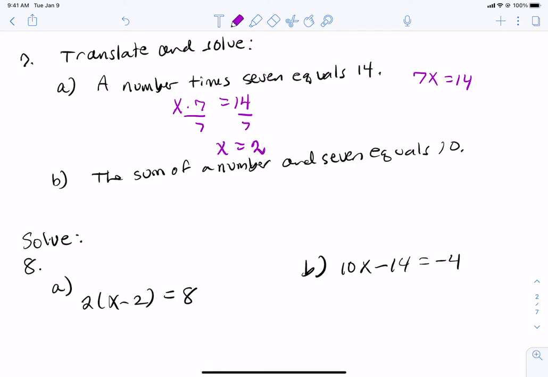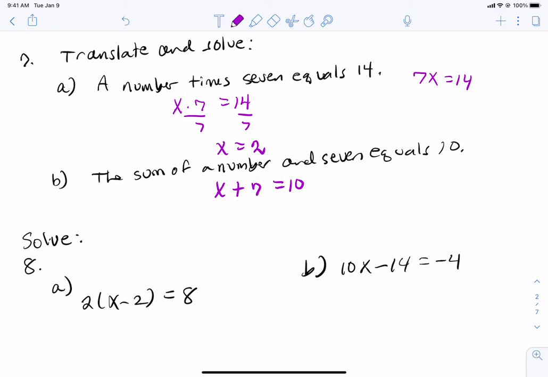Okay? Now let's look at 7b. It says the sum of a number and 7 is equal to 10. So a number plus 7 equals 10. As you can tell, I did not make these super weird translations. But how do we solve this one?